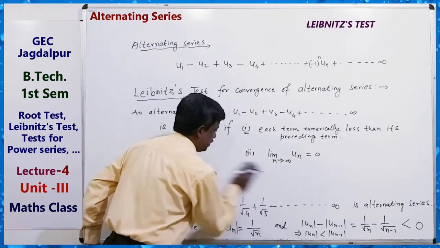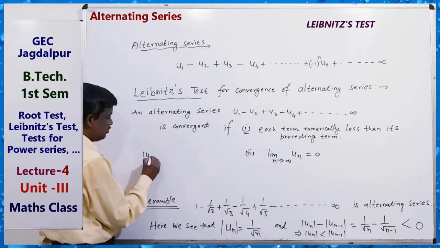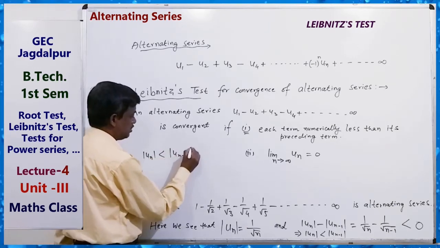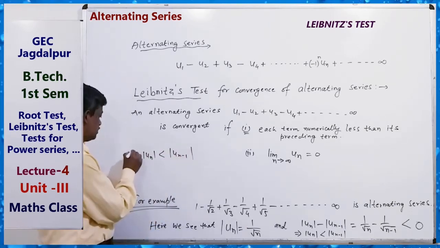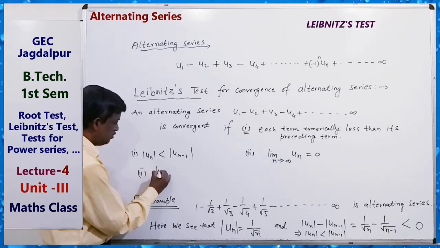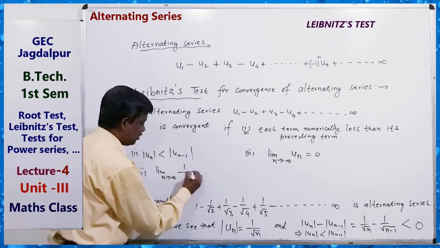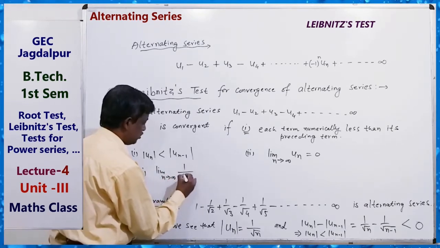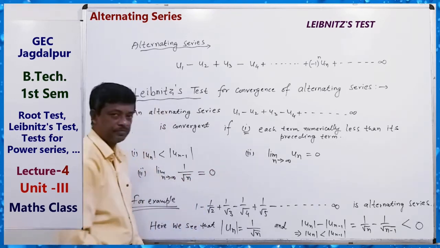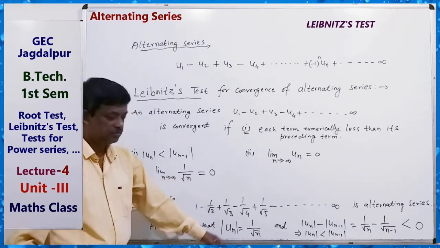So here for this we can write |un| is less than |un−1|. First condition satisfied. Now second condition: limit n tending to infinity of 1 upon root n is equal to 0, because the nth term is this modulus nth term.